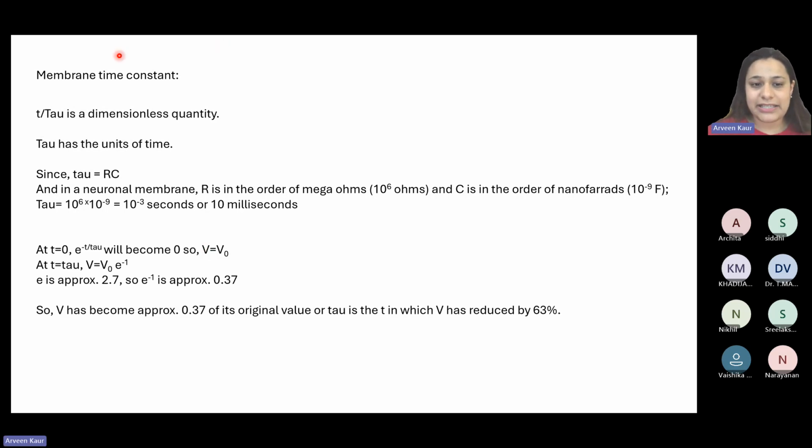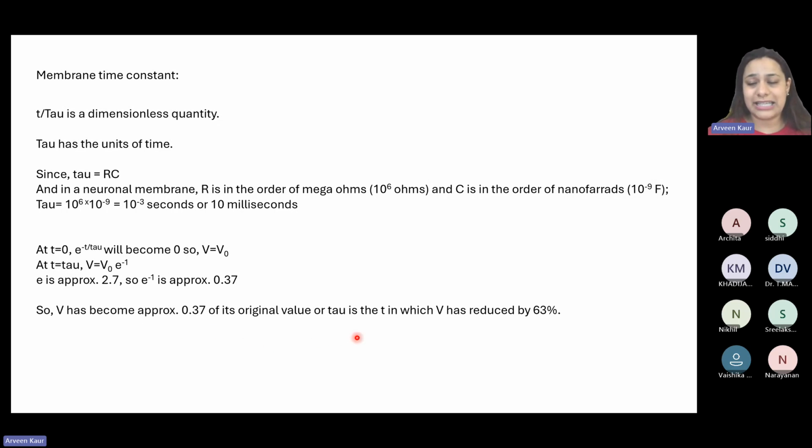At t is equal to 0, again, as we said, e raised to power minus t by tau will become 1. So v is equal to v naught. And at t is equal to tau, v is equal to v naught e to the minus 1. So at time tau, the value of V will be approximately 0.37 of its original value.